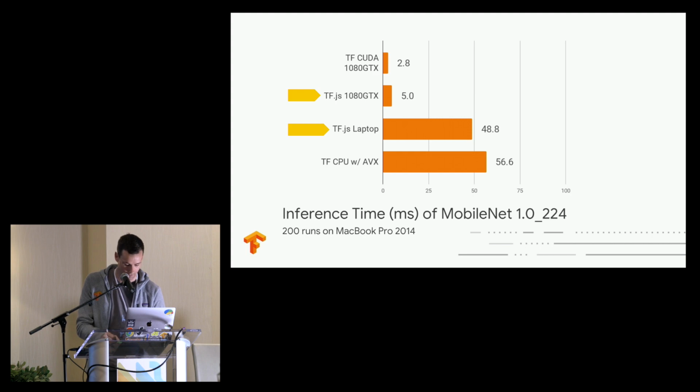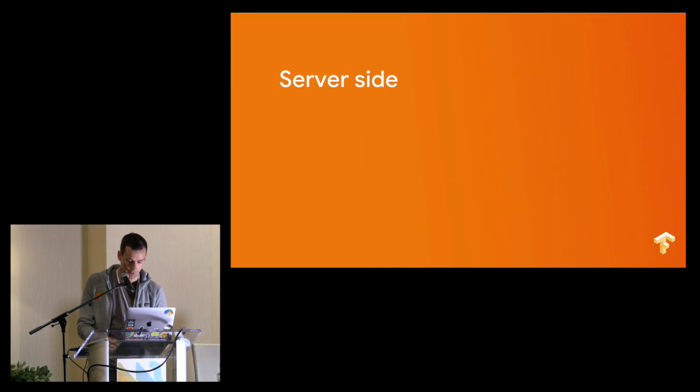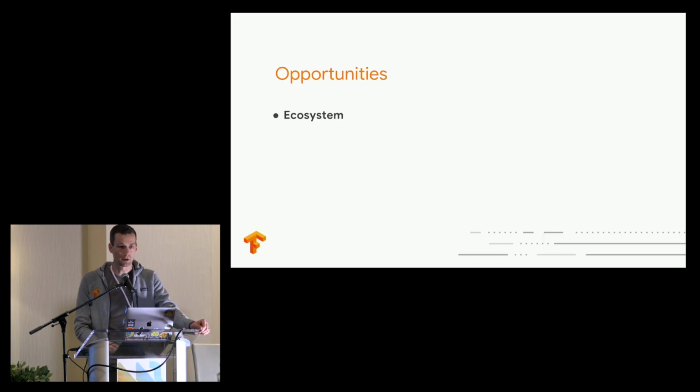On the server side, we do support the full Node.js stack today. We see a lot of opportunity with the NPM ecosystem. There's tons of packages, and it makes it really easy to piece together a really deployable, interesting server-side solution. And NPM and the open source community is awesome for that.